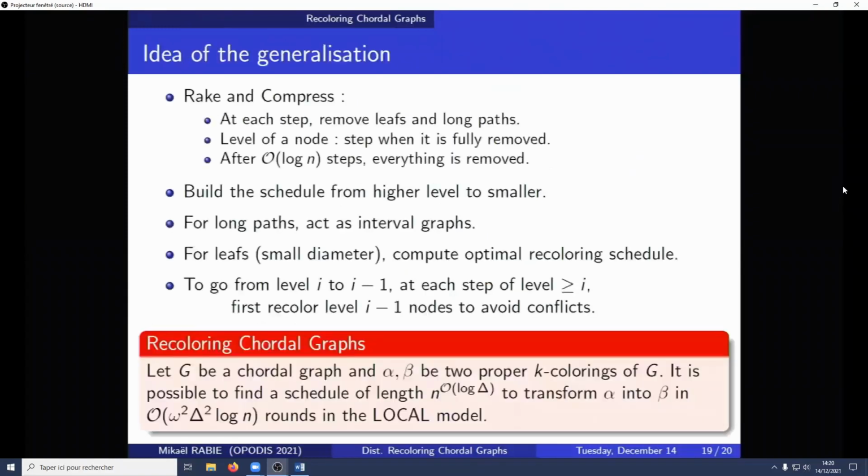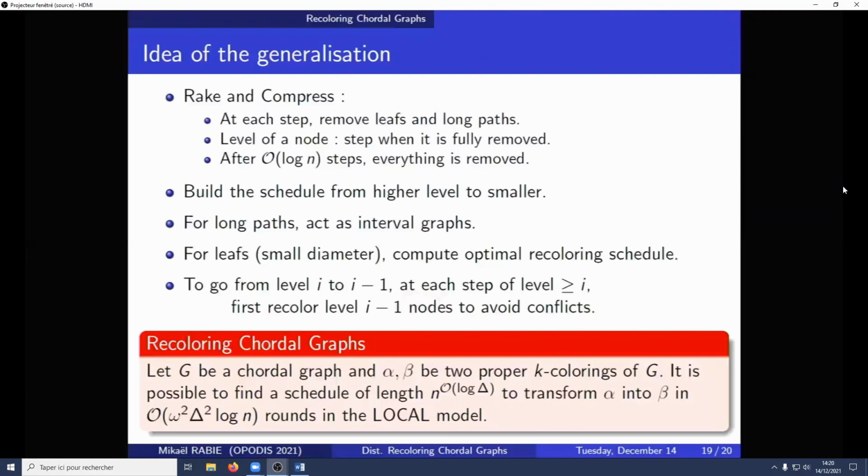And how do we do then? The idea is to use the principle of rake and compress. At each step, we remove leaves and long paths from our clique tree. And the level of a node will be when it has been fully removed from our clique tree. First, we have an observation that after log n steps, we have removed every node.